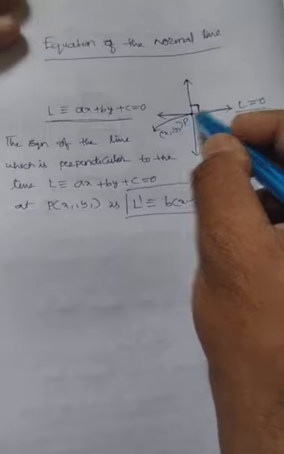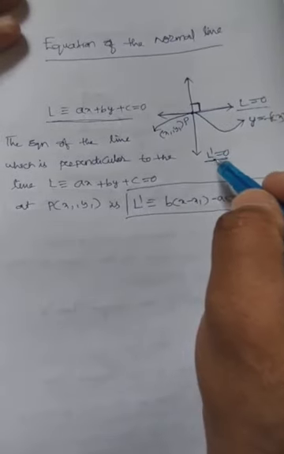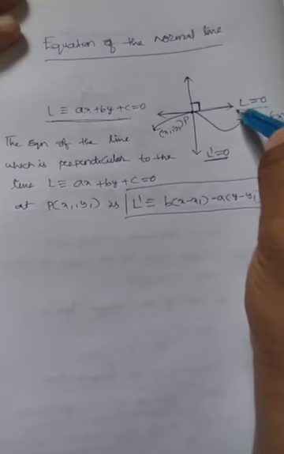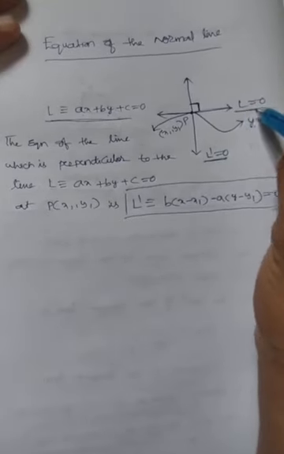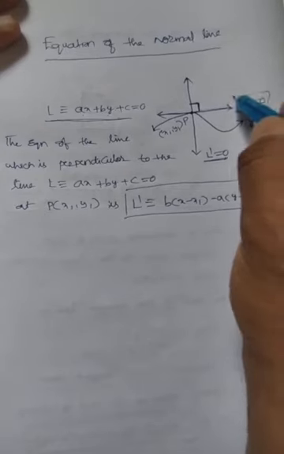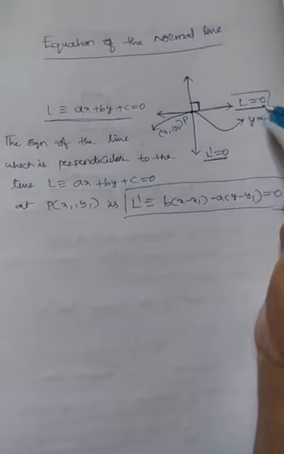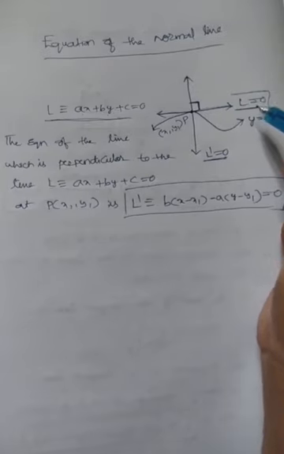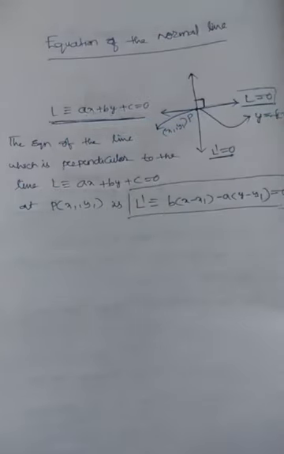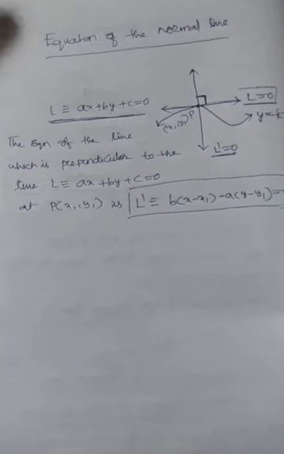Okay, so suppose you need to find out the normal line L dash is equals to 0, you must and should find out the tangent line equation first. Already we learned how we can find the tangent line equation. Okay, so the first step is to find out the tangent line equation, so that you would get a tangent line equation like this: L is equals to ax plus by plus c is equals to 0.